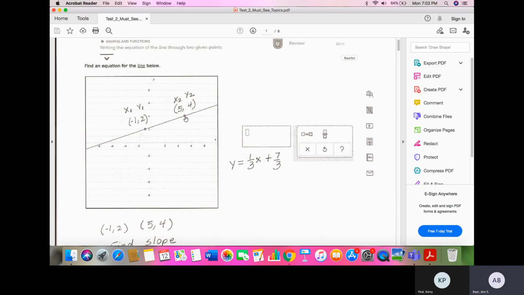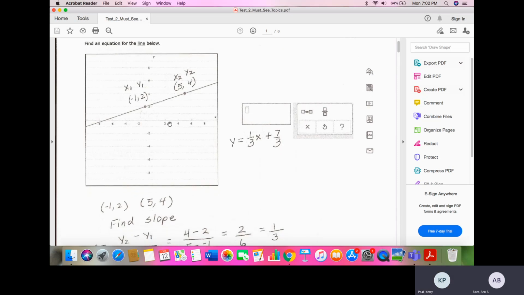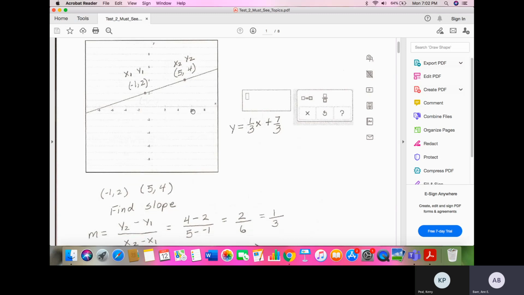Right here, if we want the X coordinate of this point right here, we go straight down to the X axis, looks like it's at 5. And then to get the Y coordinate, we go straight over to the Y axis, and it is 4. So that's how I got those ordered pairs. Okay. And let's take a look at what I did down here.